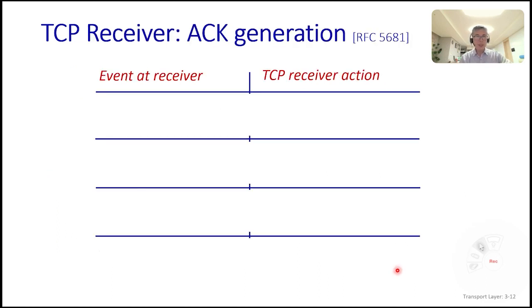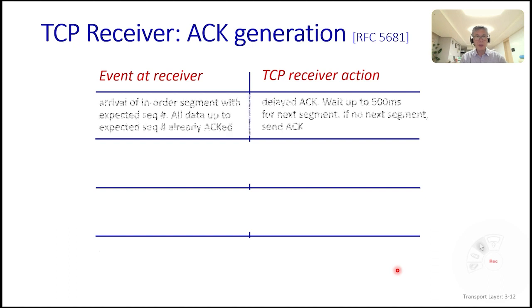Now we can look at the TCP receiver. Previously we saw the TCP sender. The first event at the receiver is the arrival of an in-order segment with the expected sequence number, with all data up to the expected sequence number already acknowledged.